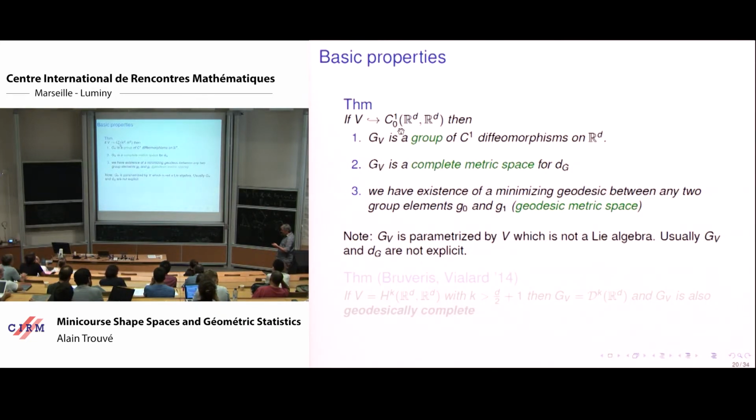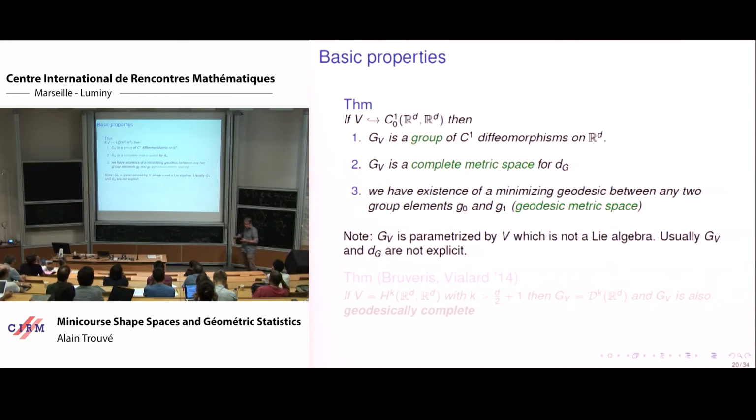Okay. So in fact, the cool thing is that if you start from a Hilbert space, the Hilbert space will represent the tangent space at the identity for the group of diffeomorphisms. It will not be a Lie group, which is continuously embedded in C^1_0. It's meaning control. They have enough regularity. This is a regularity assertion.